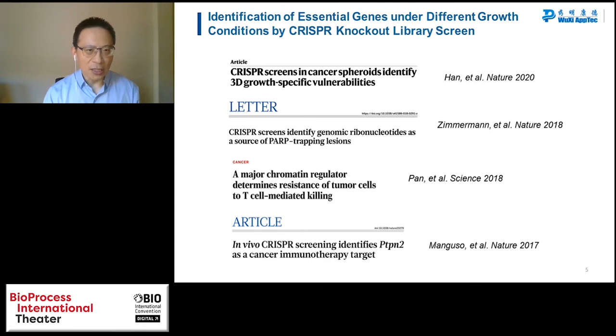However, the essentiality of genes often changes when the cells are growing under different conditions.